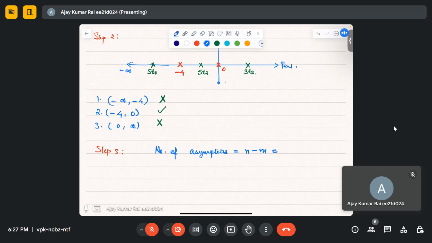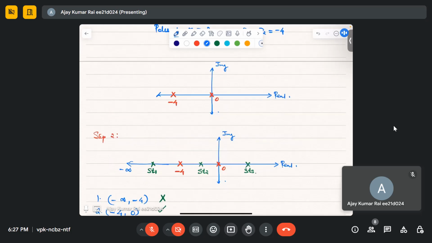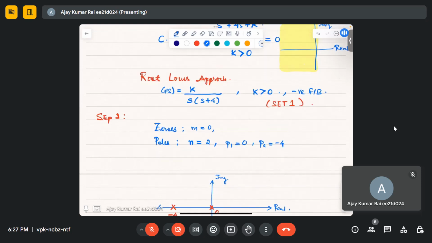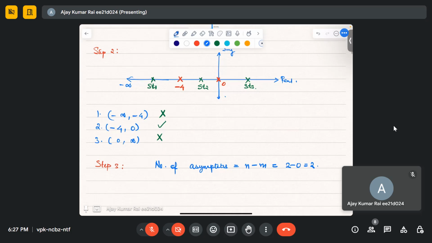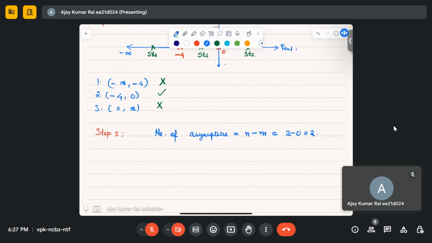So it is 2 minus 0, which is equal to 2, and we have two asymptotes. That means two root locus branches will be going to infinity.